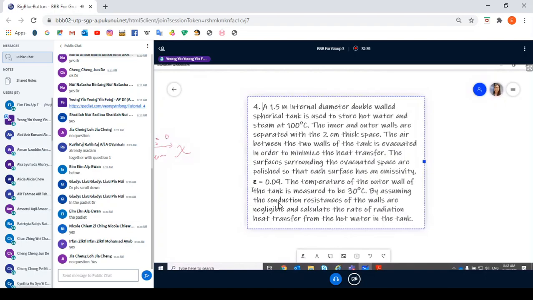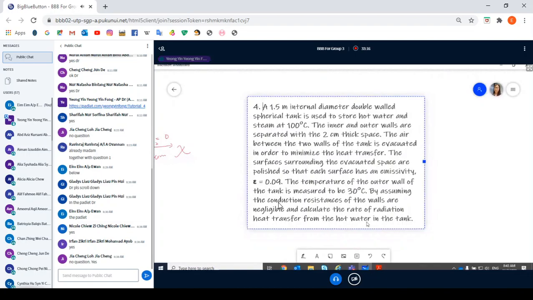The temperature of the outer wall of the tank is measured to be 30 degrees C. Assuming the conduction resistance of the walls is negligible, so no conduction happens here, calculate the rate of radiation heat transfer from the hot water in the tank. Meaning it's the radiation heat transfer between these two surfaces, the hot water in the tank and the outer wall surface of the tank.